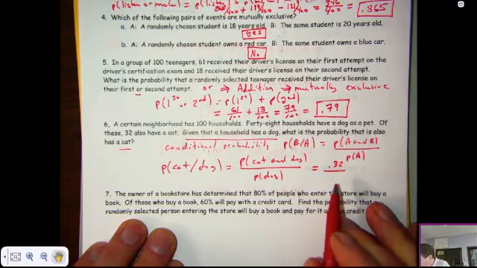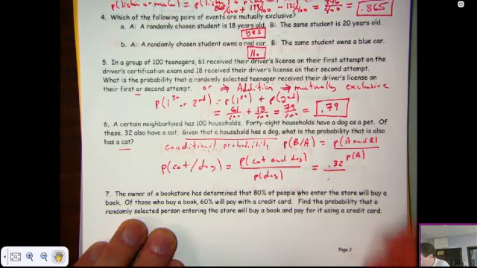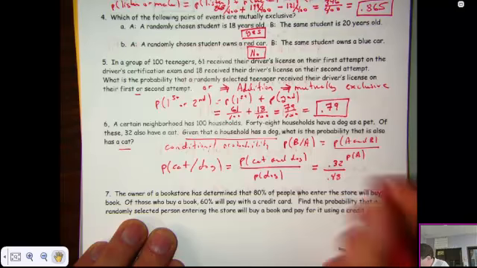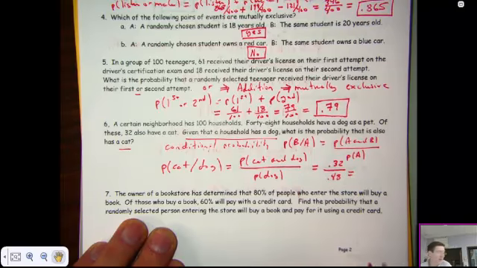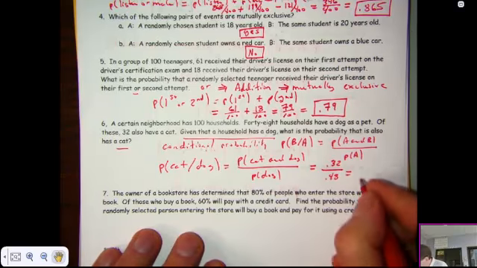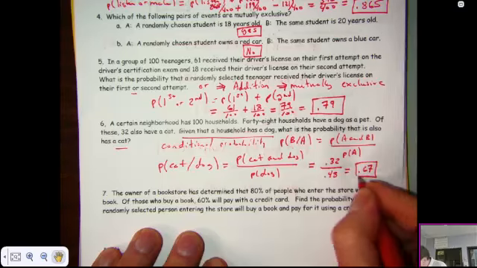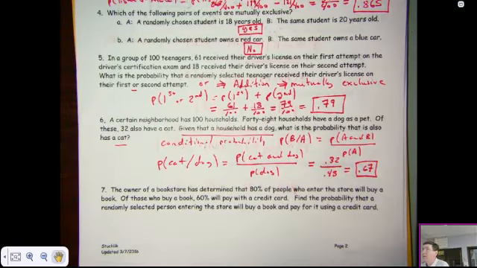What's the probability of just having a dog? 0.48, because 48 have a dog. And so we just divide that, and I got 0.67. Again, the test will say to write all these answers as decimals.